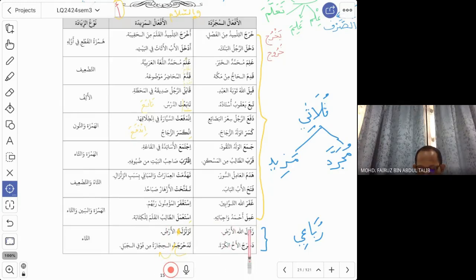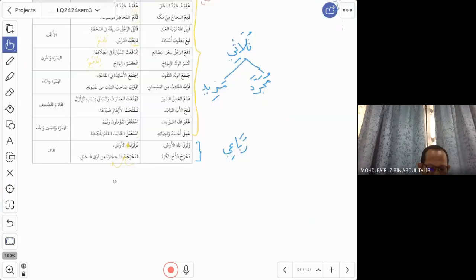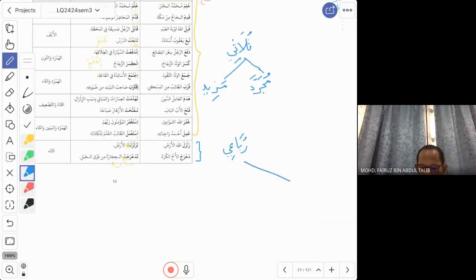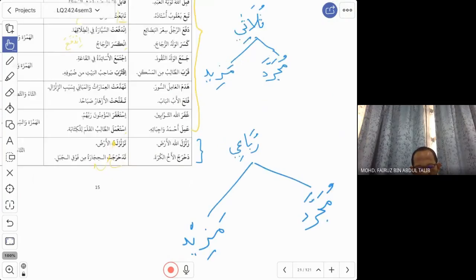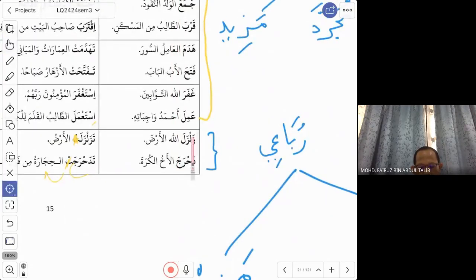Fi'il rubai. So again, rubai can also be divided into rubai mujarrad and rubai mazid, the same as sulasi. So rubai mujarrad is a 4-letter fi'il without any additional letters. These are the 2 examples. Zalzala, 4-letter fi'il with no additional letters. So this is rubai mujarrad.